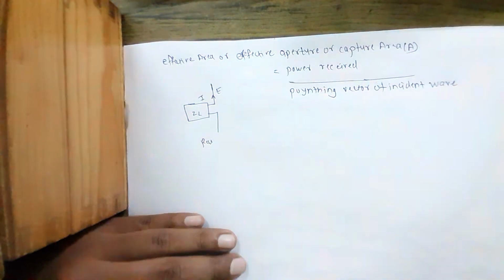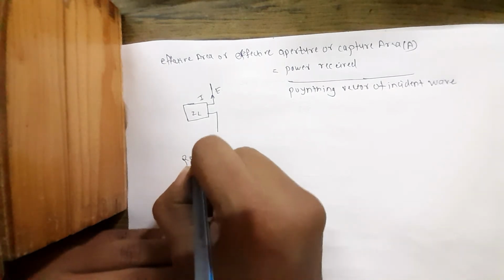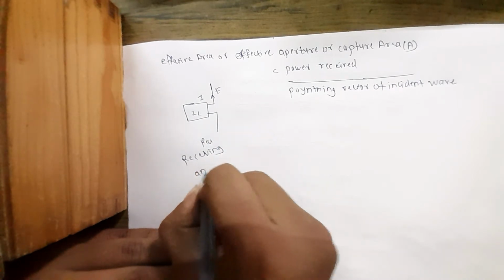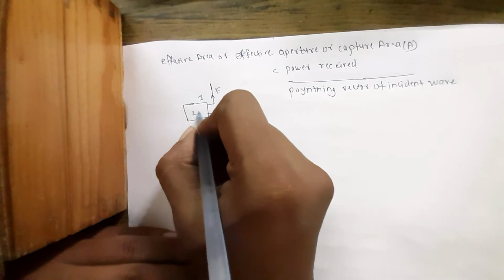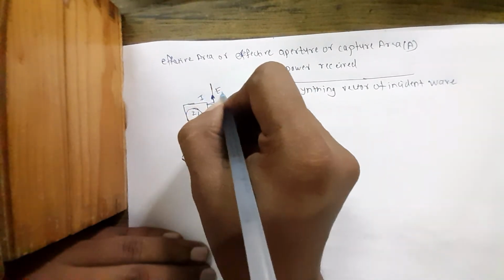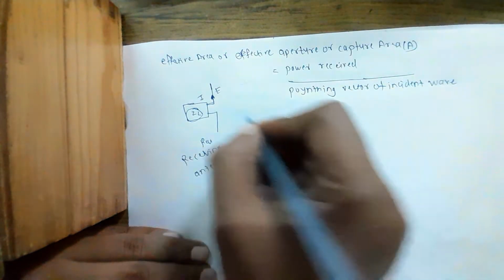So here this is a receiver antenna which receives the electromagnetic waves. This is the load resistance of the receiving antenna, and from that the current I is flowing. It will have an E, the electric wave.